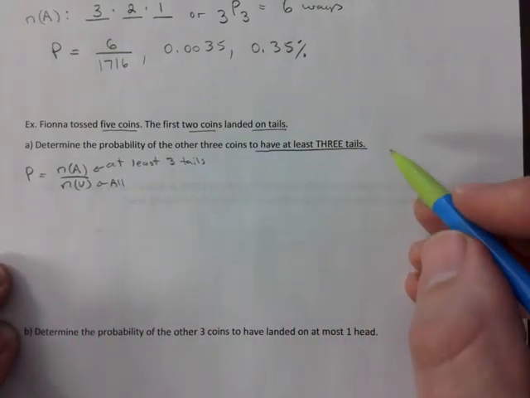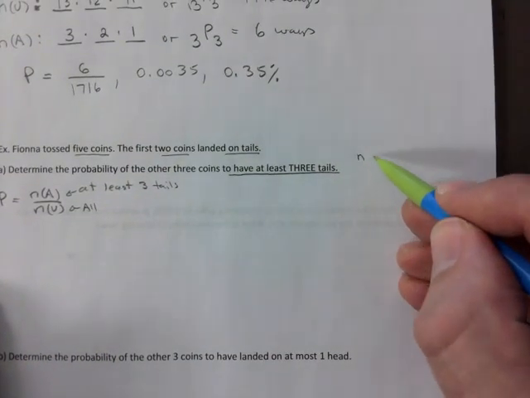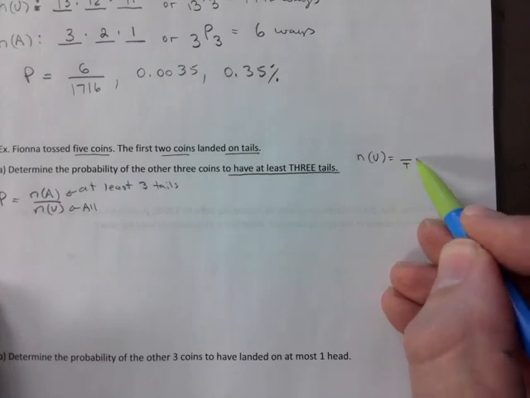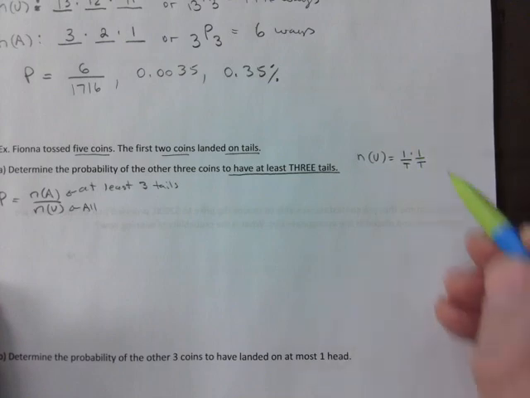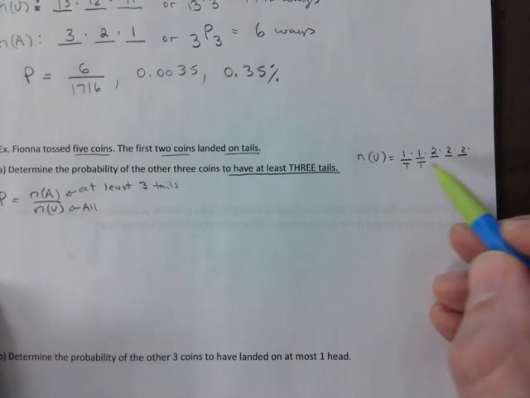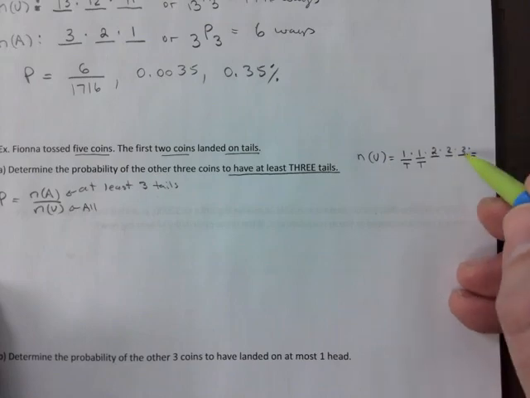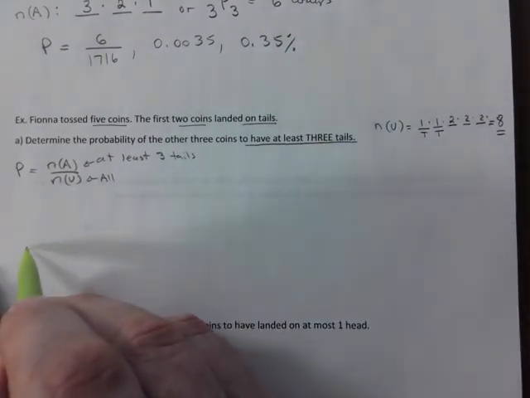Let's look at it this way. For NU, I need this space for my tree diagram. So I'll just say that NU, okay, if I didn't care, the first 2 are tails. That's a given, like you can't change that. So it's 1 times 1. But then the other 3 coins, we have 2, 2, and 2, right? So what would that be in total? 2 times 2 times 2, that's 8. So we've got 8 total possibilities. And if you don't see it, you can think of it this way.